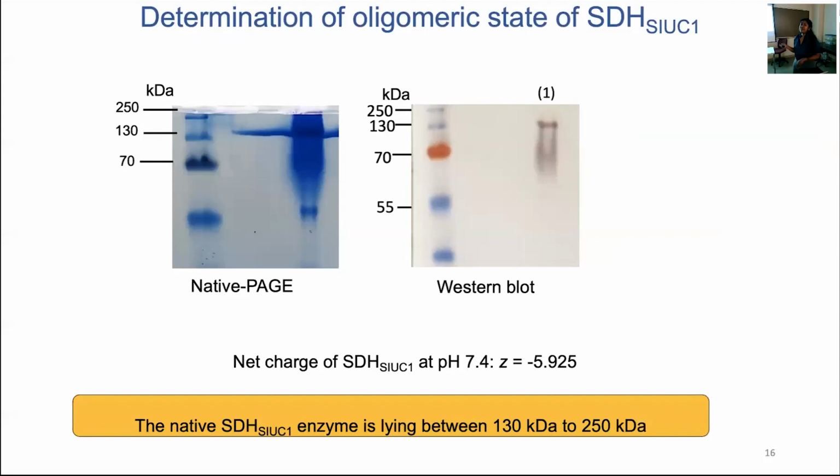And then the next step was to find out the oligomeric state of this protein, that is, the native state of this protein. To do that, we ran a native PAGE, but our native PAGE was not that conclusive about the oligomeric state of this protein. We could see that it's lying between 130 and 250 kilodalton.